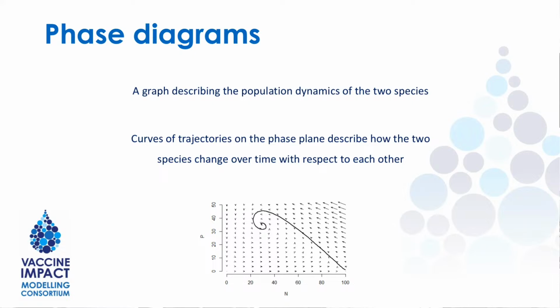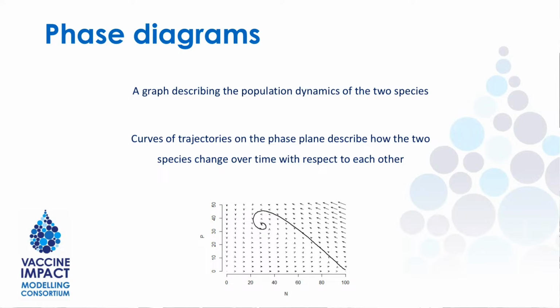You'll be looking at this in the practical. It hopefully will give you some understanding about how one population is changing as another changes. So now, rather than looking over time, we're thinking about how the size of the predator population changes as the size of the prey population changes.